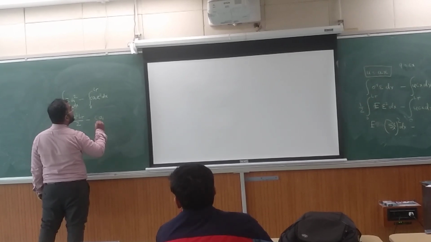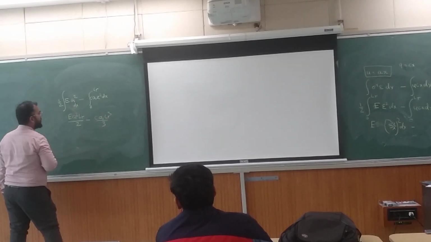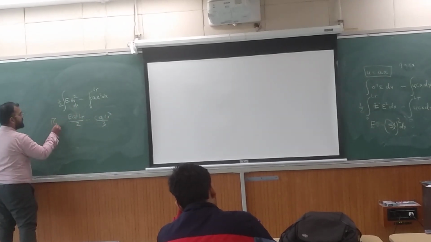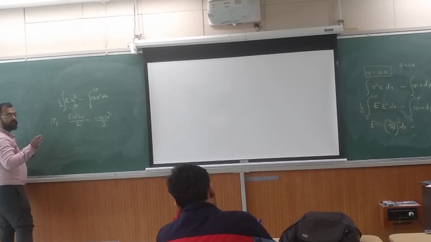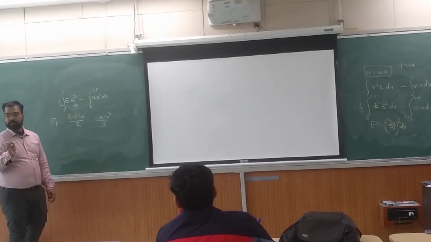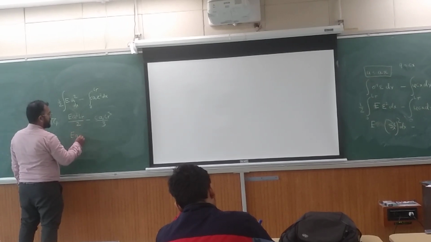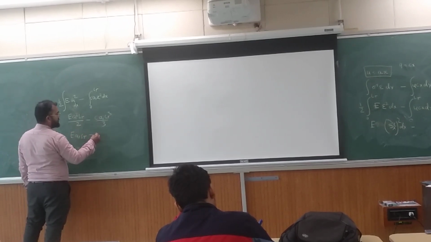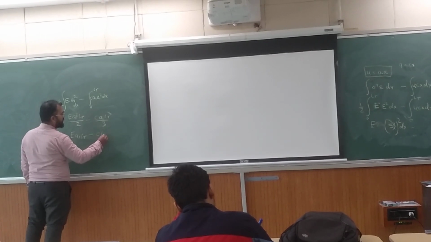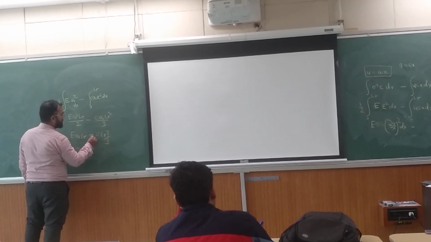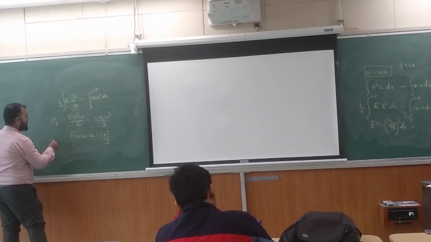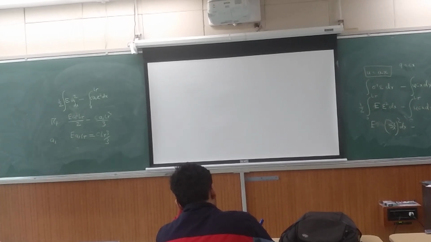X cube by 3. So LT cube by 3, right? So this is pi p, and just do the derivative of this with respect to A1, then I will have E A1 LT minus C LT cube by 3.